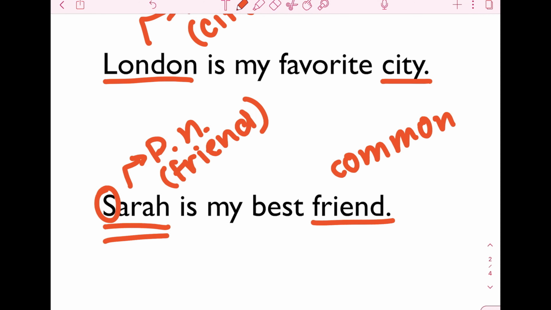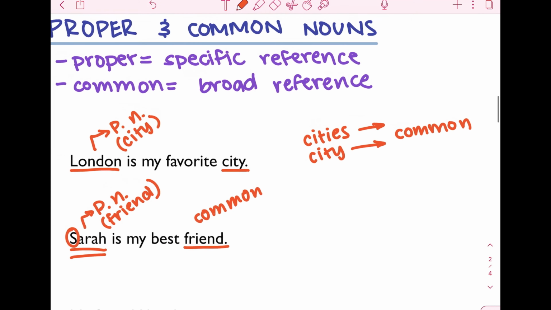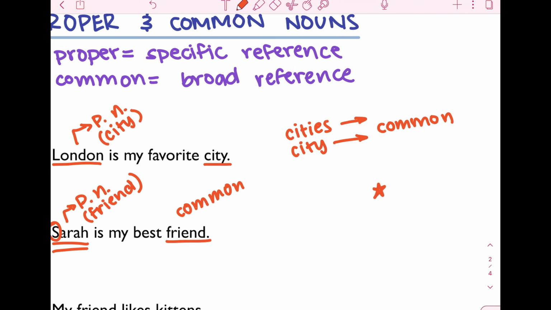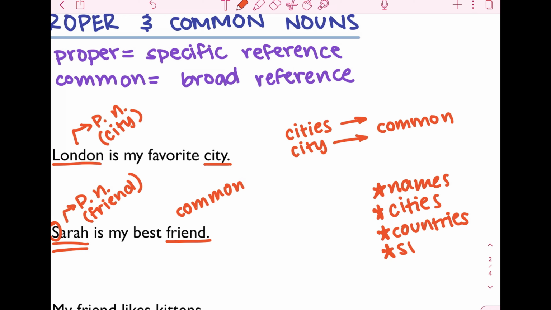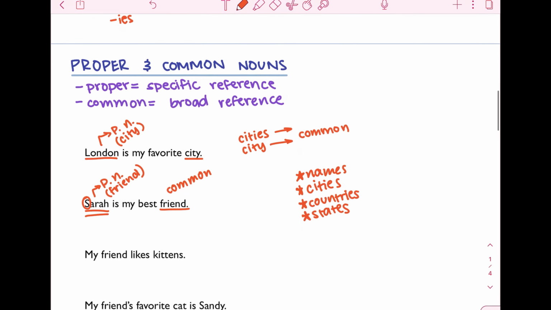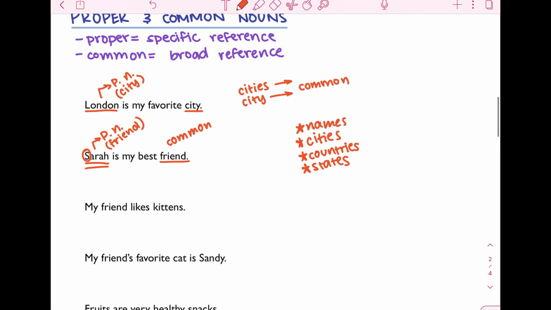And notice how Sarah is also capitalized. So you often see proper nouns in names, cities, countries, states, and so on. You can definitely find them almost everywhere you go because we often like to label things very clearly, and oftentimes a label is also going to be a proper noun.